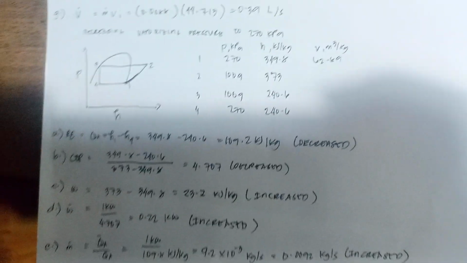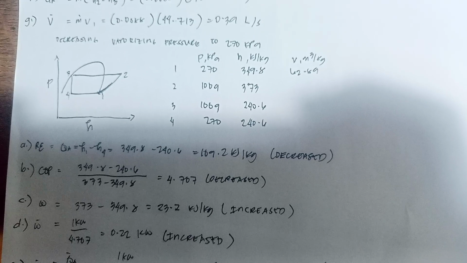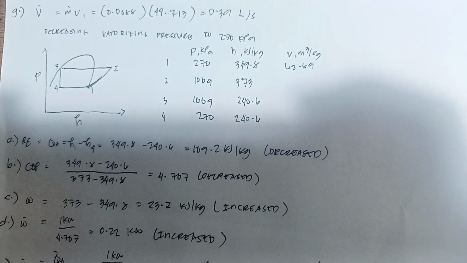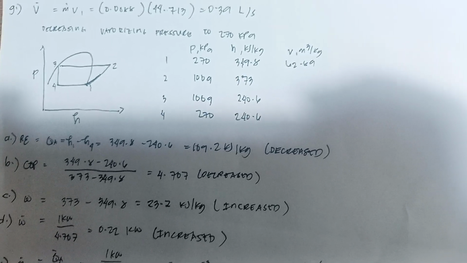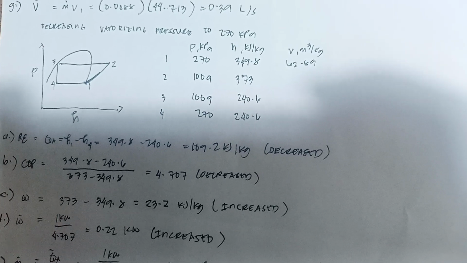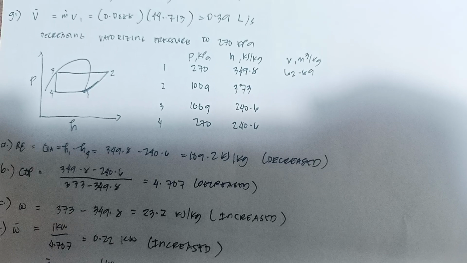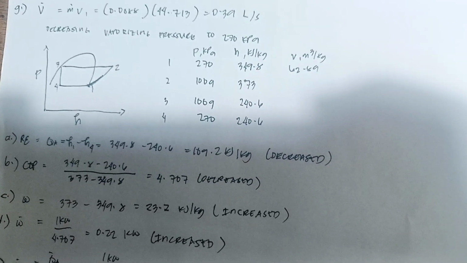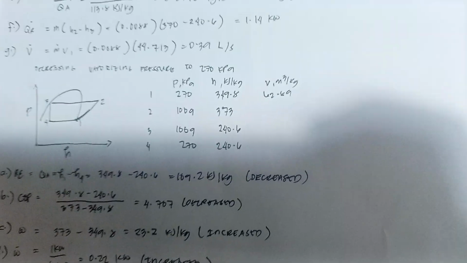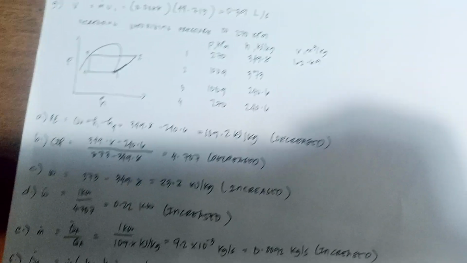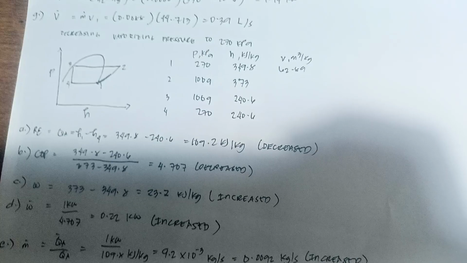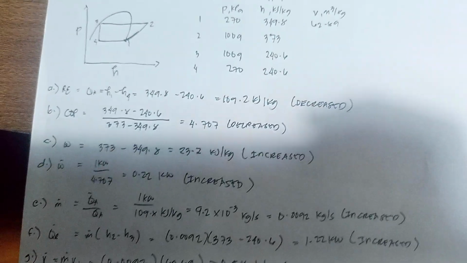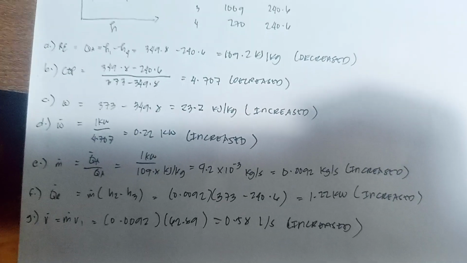So here we are going to find if it is increasing or decreasing. So we're going to show another pH diagram. We are also going to locate the corresponding given values in the thermophysical table of refrigerant.